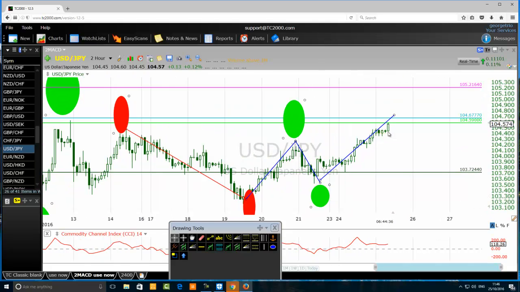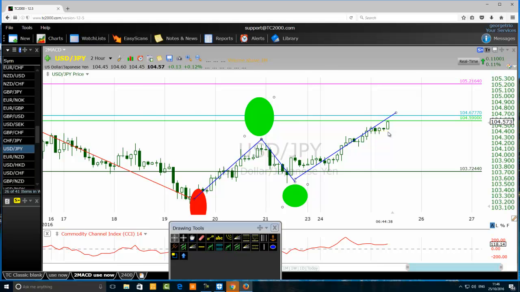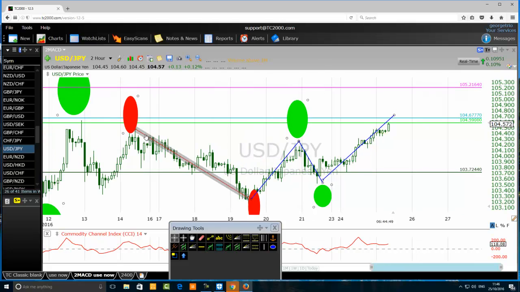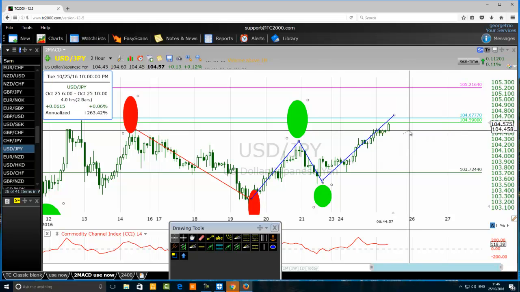It's taking a bit long now. It looks like it filled, but it did not fill yet. You can understand what's happening here. There's a resistance here. Traders want to sell. Because it's a risky trade, for this trade I will use like a 17 pips stop loss.